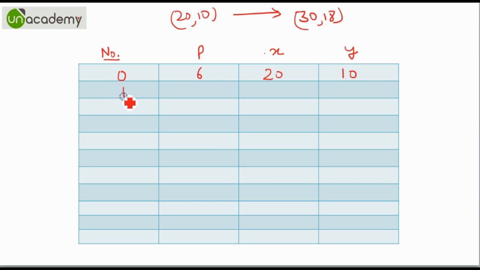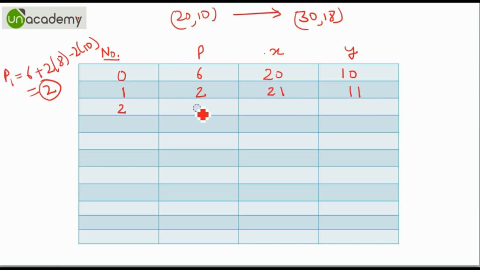Now in the first iteration we will calculate p again. So p of 1 will be 6 plus 2 times 8 minus 2 times 10. So that will be equal to plus 2. So since the p value is positive, we will increment x by 1 and y by 1.